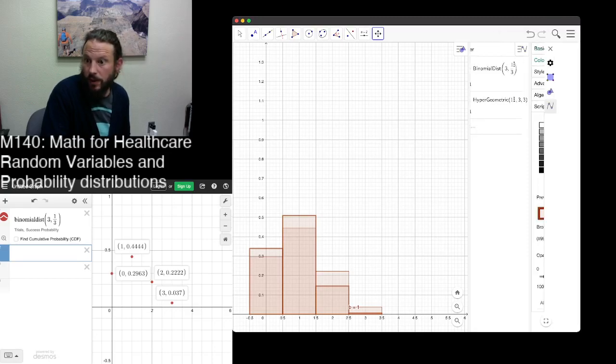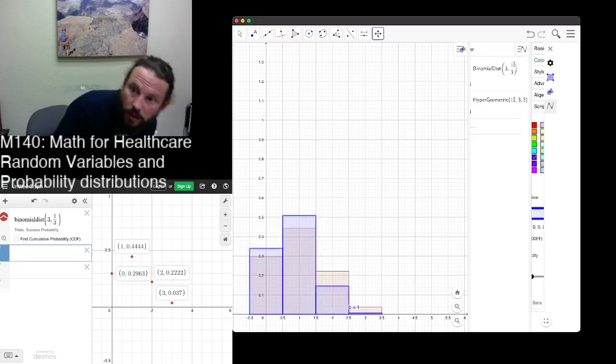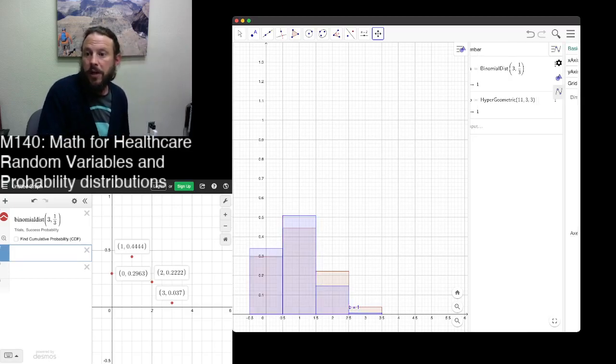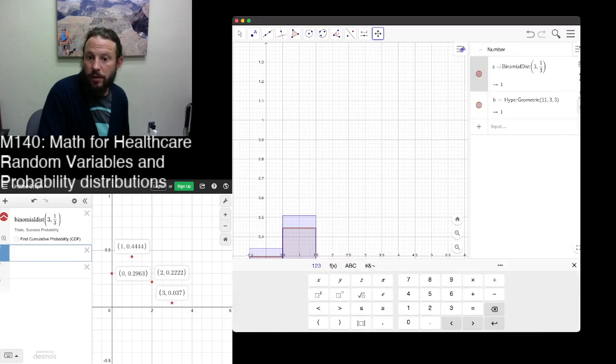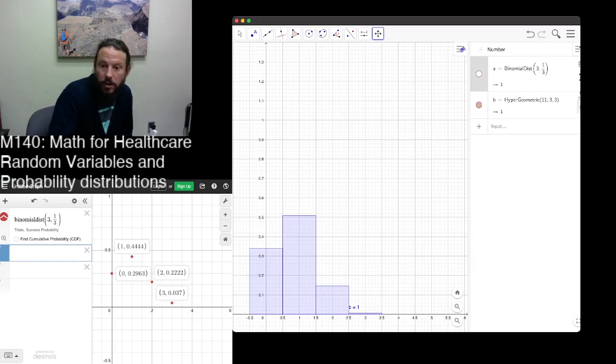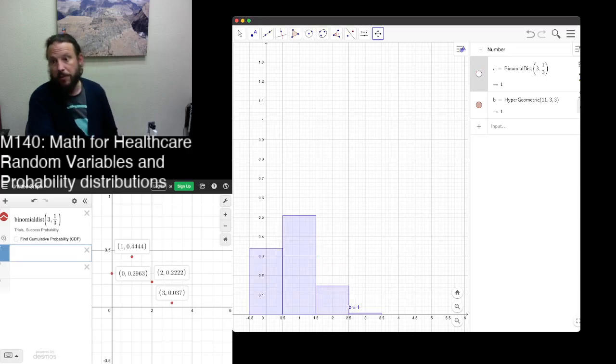Now, I'm going to change this color right here. Let's do something like blue. Okay, so the blue one is my hypergeometric. Let's look at that alone. Now I'm going to overlay the binomial, which is not quite similar.